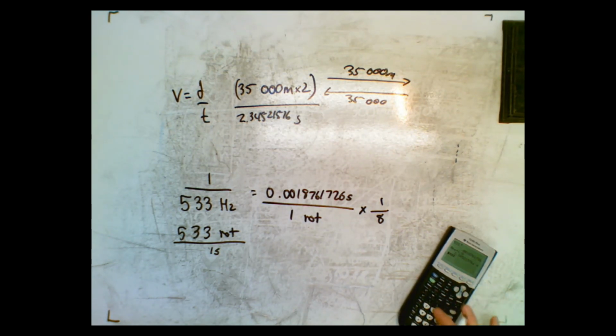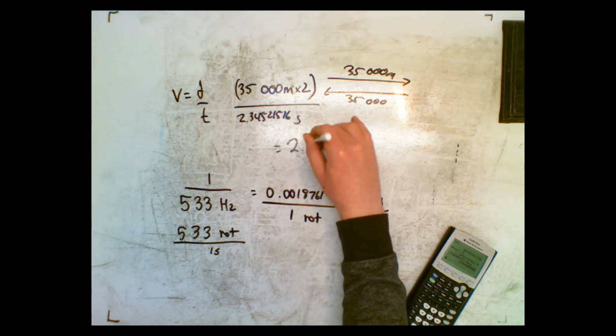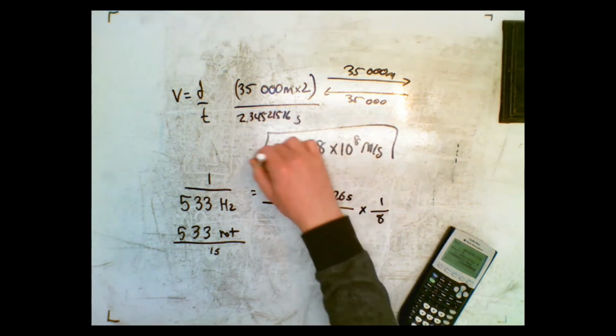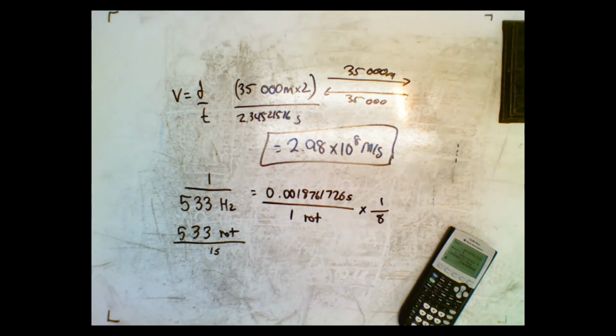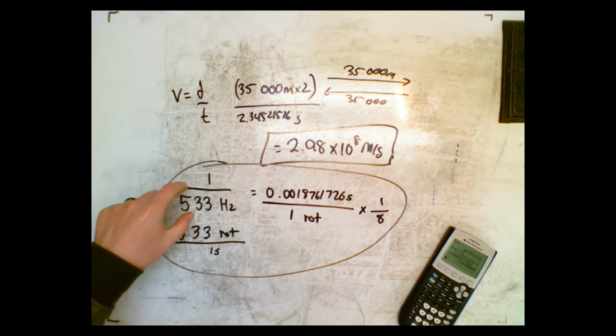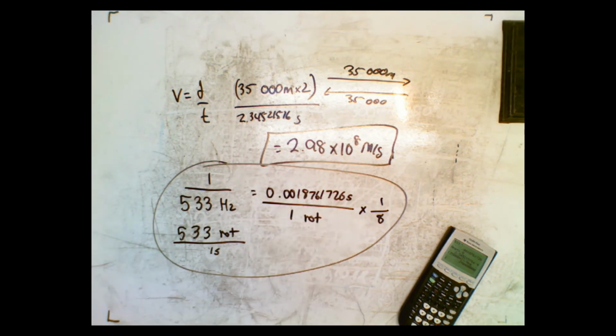So I'm ready to get my answer: 35,000 times 2 divided by my answer from before, and I get 2.98 times 10 to the 8 meters per second, which is pretty close to our answer that we have here, and that's really good. This is the part that people struggle with: we use the frequency, find the period that's for 1 rotation, but we only want 1/8 of a rotation.